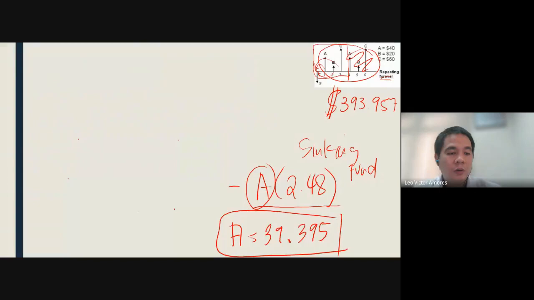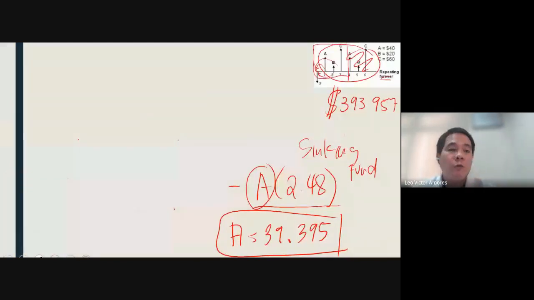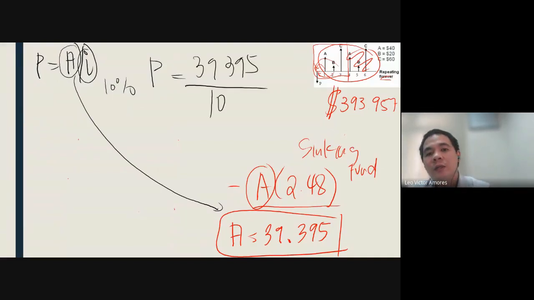And then you already know that the formula for the capitalized cost is that your P is equal to A over I. So right now, you already know the value of your A, which is 39.395, and the value of your I is equal to 10%, meaning the capitalized cost value is equal to 39.395 divided by 10%.